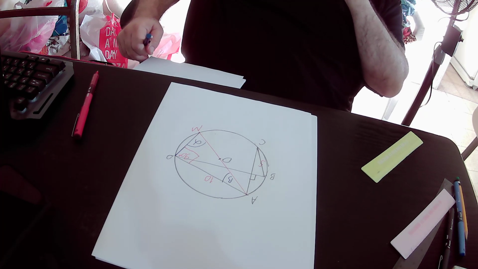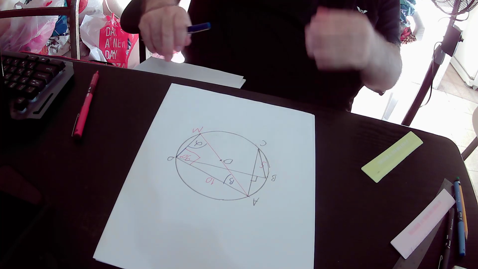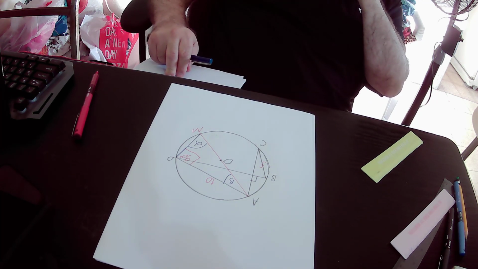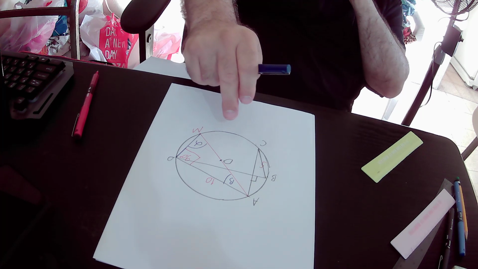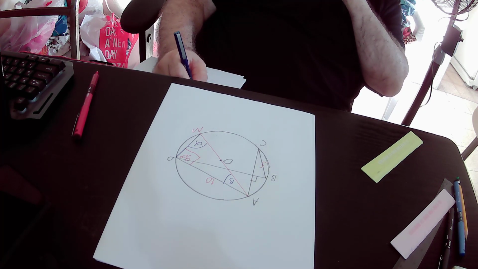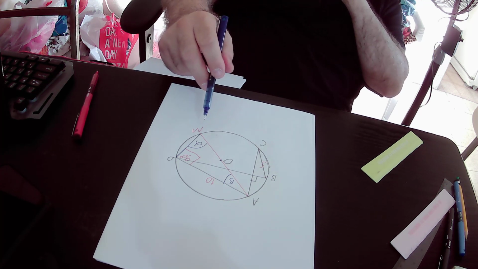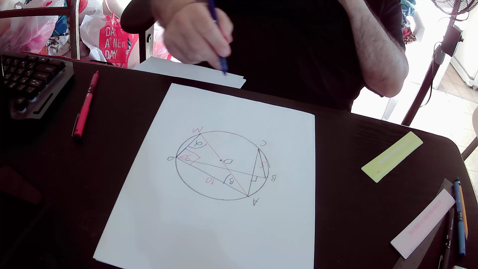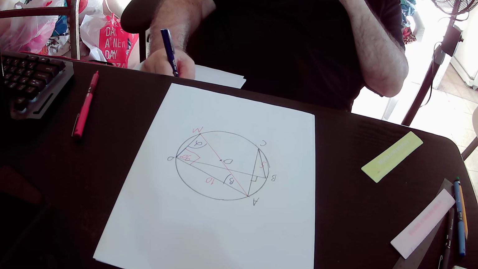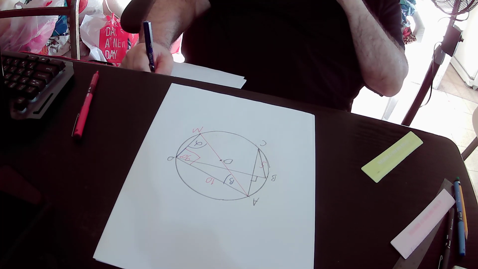So we will create our first equation that states that the sum of the angles in the right triangle ADM equals 180 degrees. The sum of the angles is alpha plus beta plus 90 degrees, so alpha plus beta plus 90 degrees equals 180 degrees.